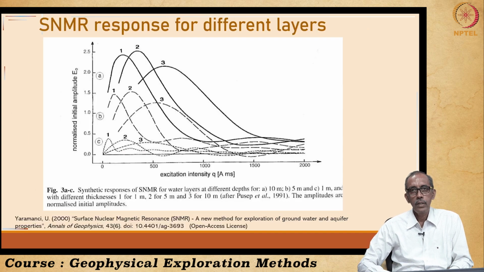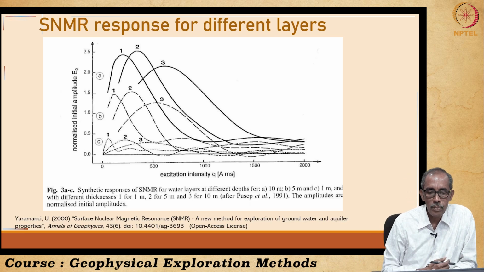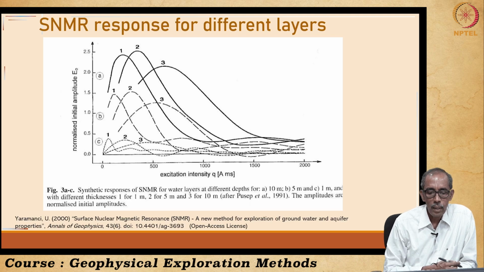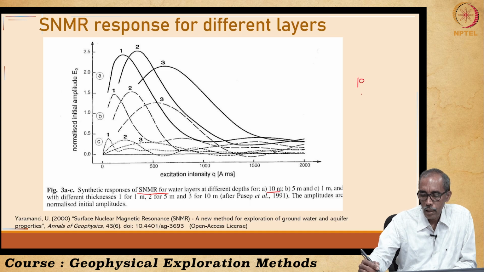Now, let us look into some interesting results. Here are the synthetic results, but quite interesting. This is the response of surface nuclear magnetic resonance, a calculated or synthetic response, for water layers at different depths: 10 meter depth, then 5 meter depth, 1 meter depth.